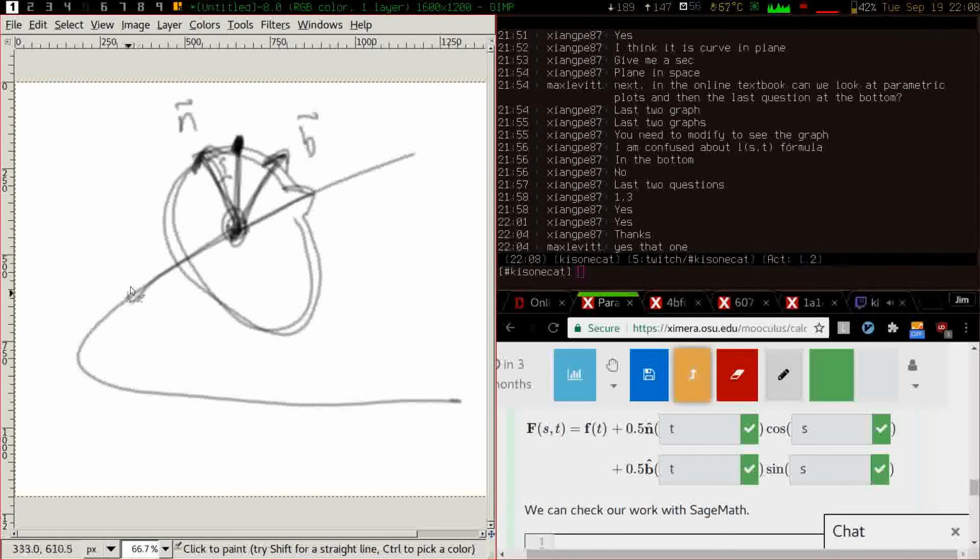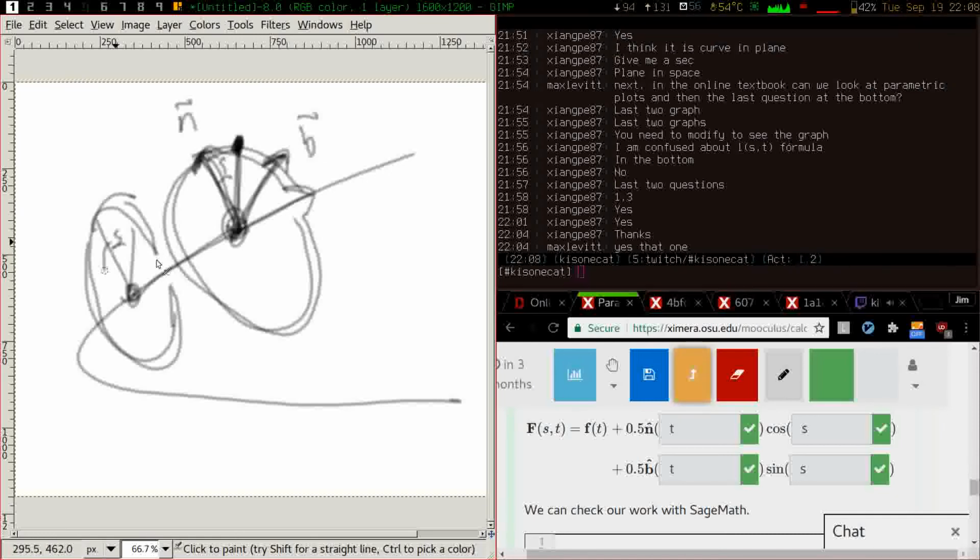And then by changing t, I end up moving around this curve in space. So by picking different values of t, I move along this curve, and then picking different values of s, I move around these circles.